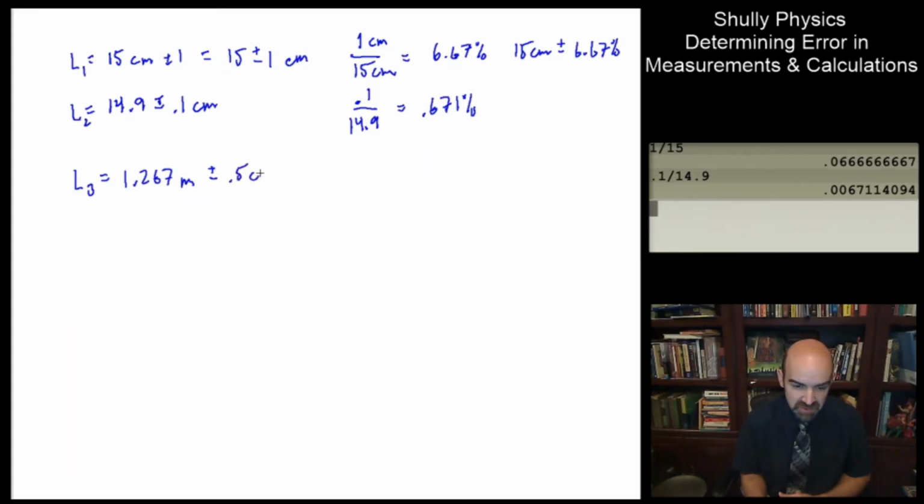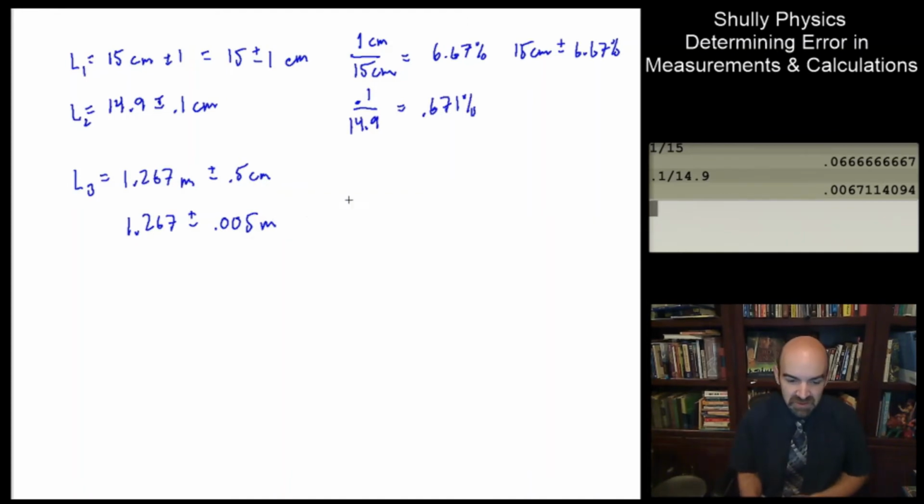I'm pretty sure I got it down fairly well. But to make it agree with a meter value, I really should write 1.267 plus or minus, if it's a half centimeter, 0.005 meters. Okay, half centimeter would be 5 millimeters.